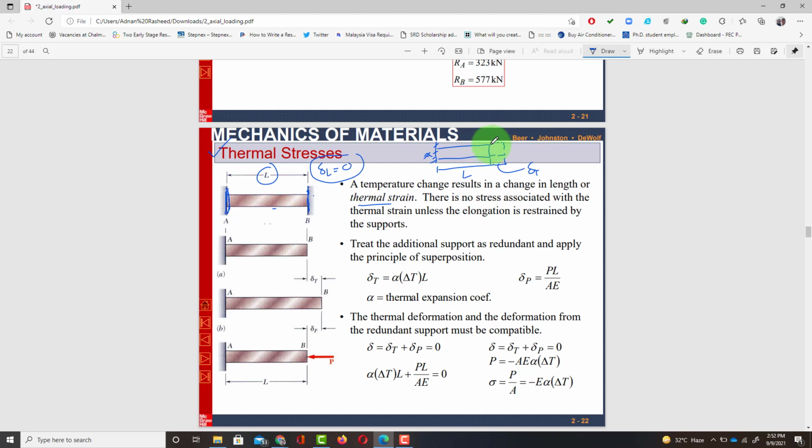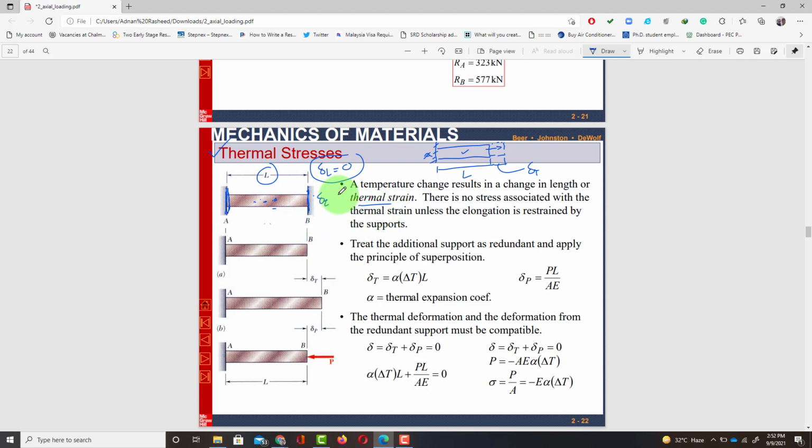Because there is no restriction at this end, so it will tend to elongate. So in that case, there will be no thermal stresses in the body. But if you restrain it or restrict it at both the ends, there will be no elongation or no deformation. So in that case, stresses will be generated in this body, and these stresses are known as thermal stresses.